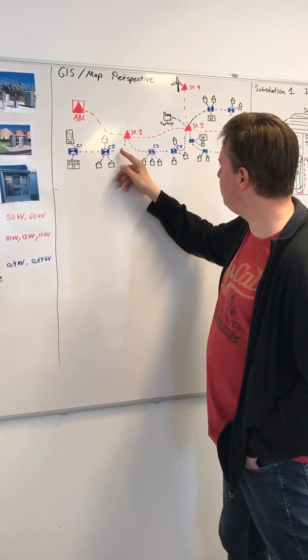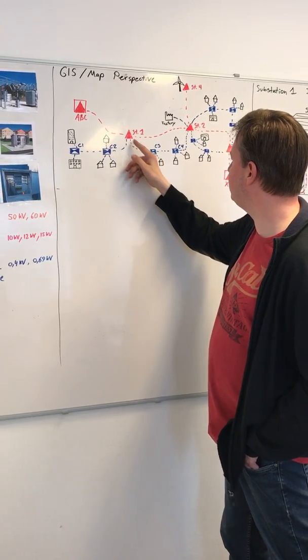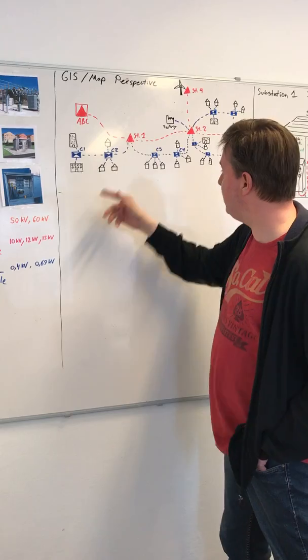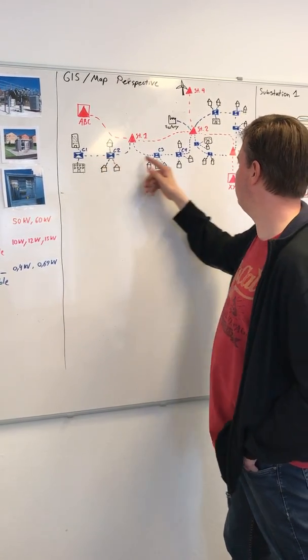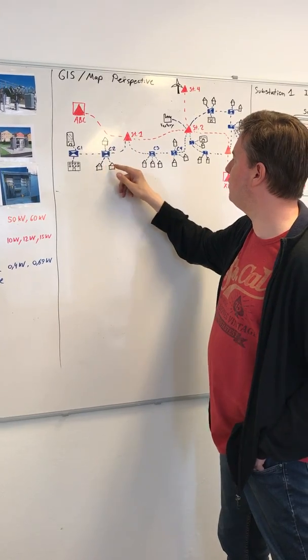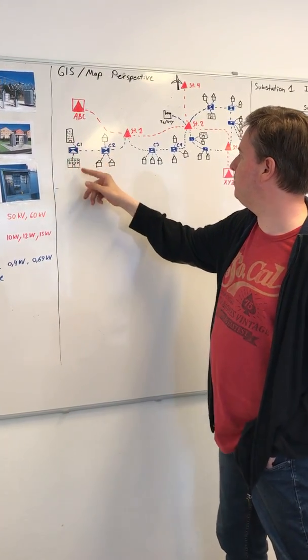Then there will be some low voltage cable going out of this substation to some cable boxes. It can be many cable boxes. I've just drawn a few, and these cable boxes are connected to houses and office buildings and so forth.